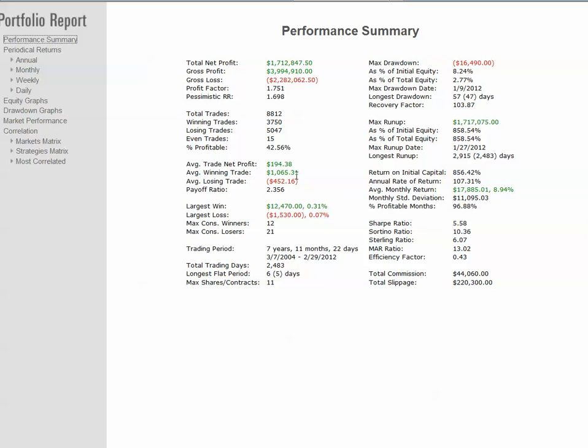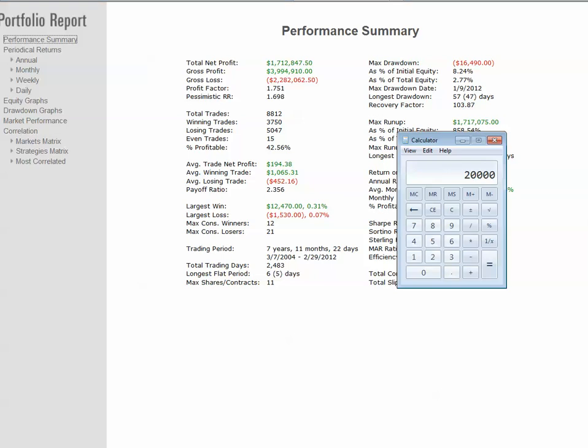So this 8 system portfolio would allow for $200,000 worth of capital. So let's take the maximum loss, which is $1,530, divided by 200,000, and then multiply that by 100, and you get 0.765% risk per trade. So they're well within that 1% limit.